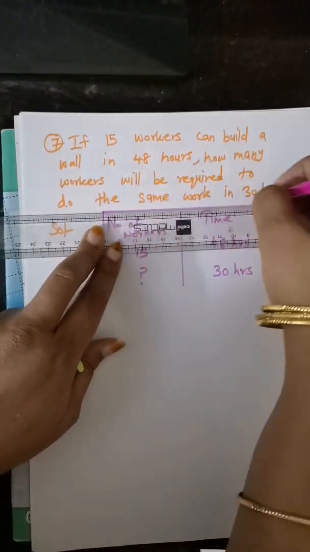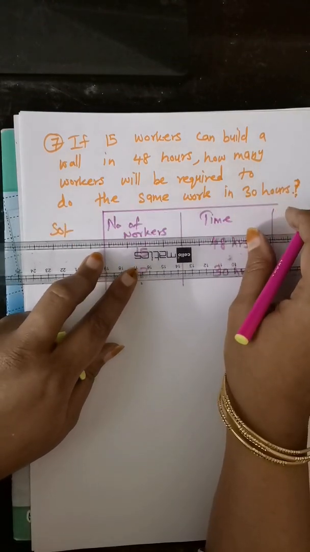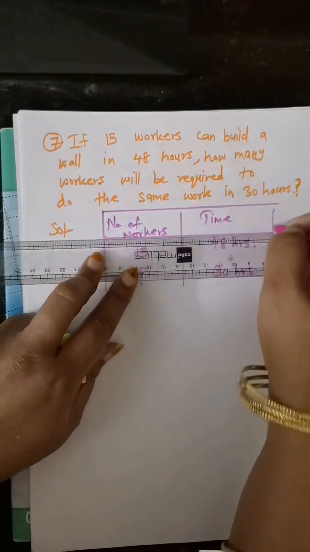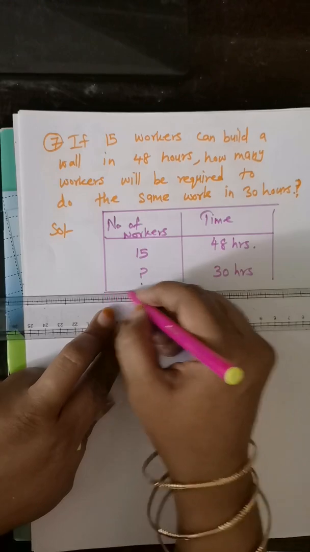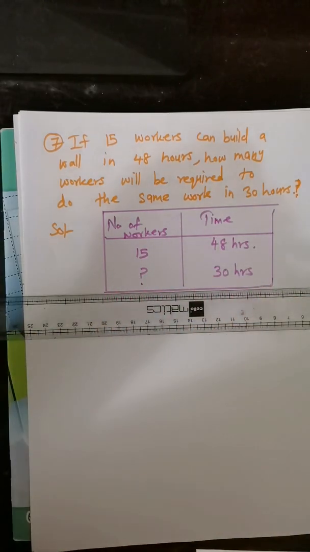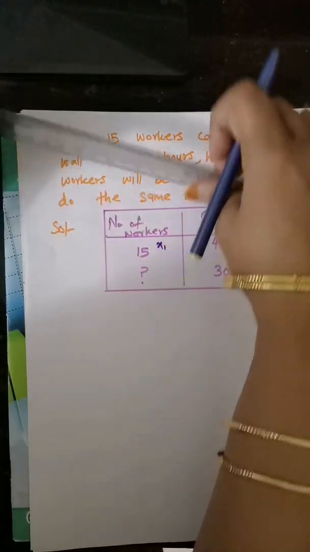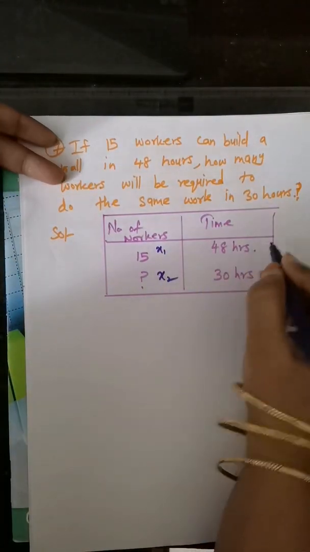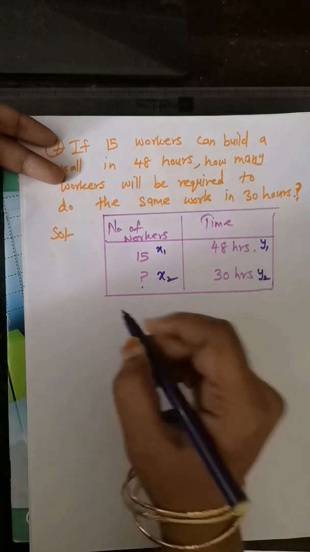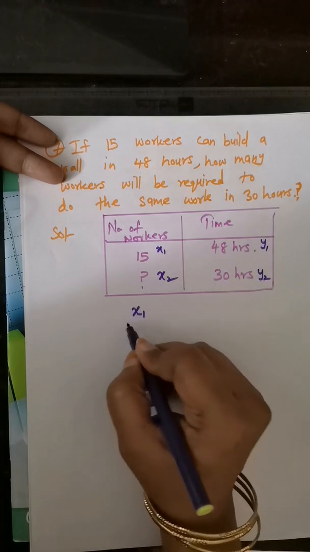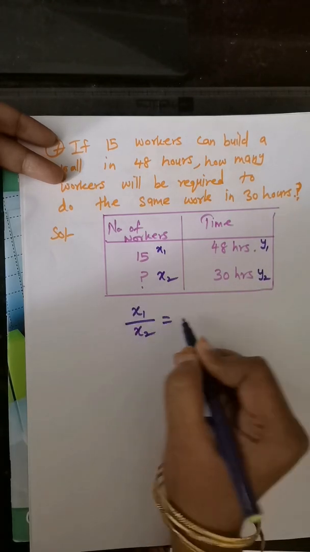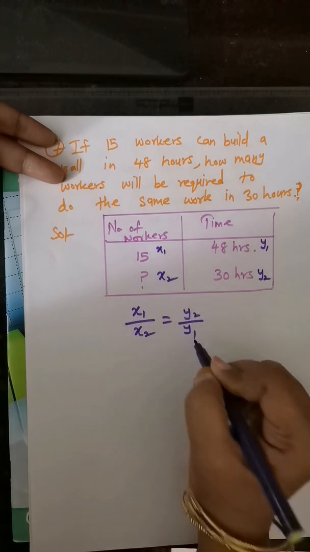So this sum is based on inverse proportion. Now we will label it as x1, x2, y1, y2. Inverse proportion means x1 by x2 is equal to y2 by y1.